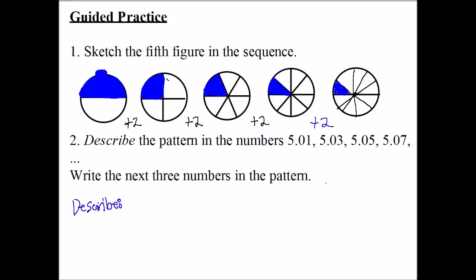So if I were to take 5.03 minus 5.01, I would get 0.02. What if I did 5.05 minus 5.03? I would get 0.02.